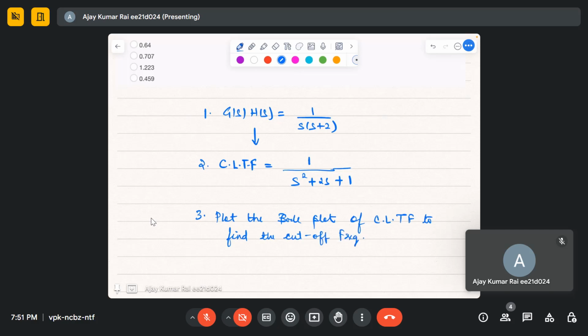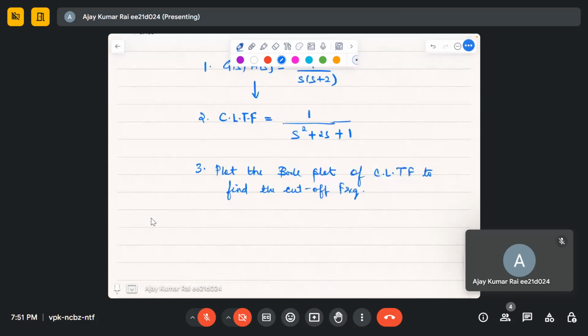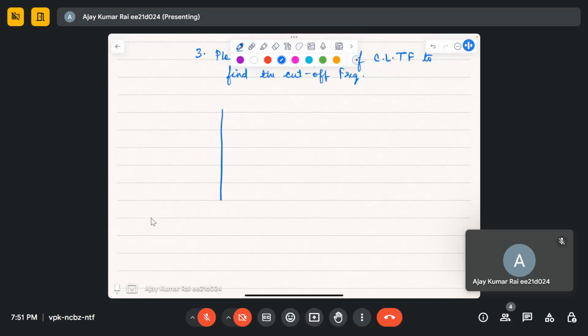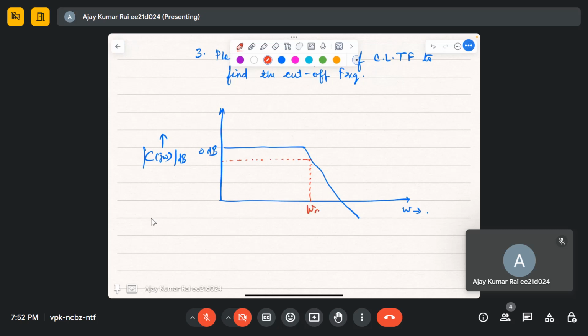Okay, so let me draw the same graph. This is 0 dB. C of j omega, magnitude in dB, and this is omega, and we have to find out this, minus 3 dB.